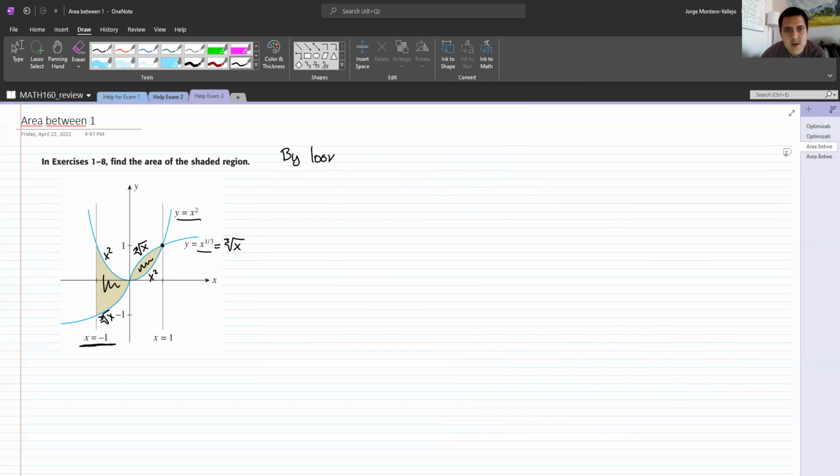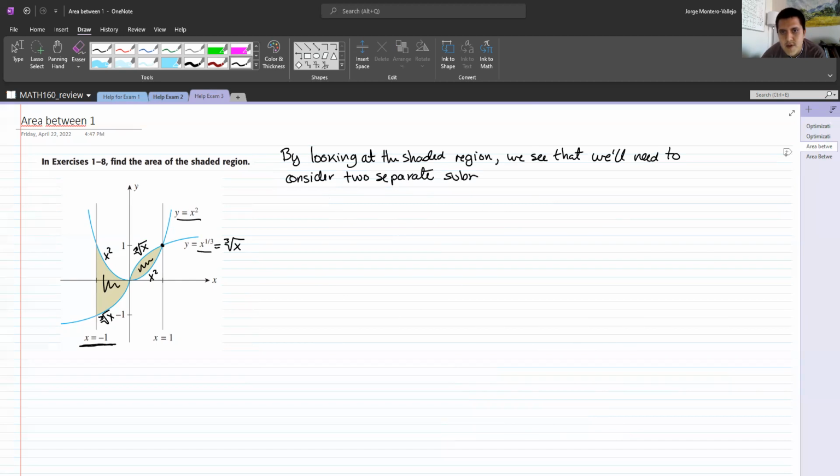By looking at the shaded region, we see that we'll need to consider two separate subregions, since the function on top is not the same for both subregions.